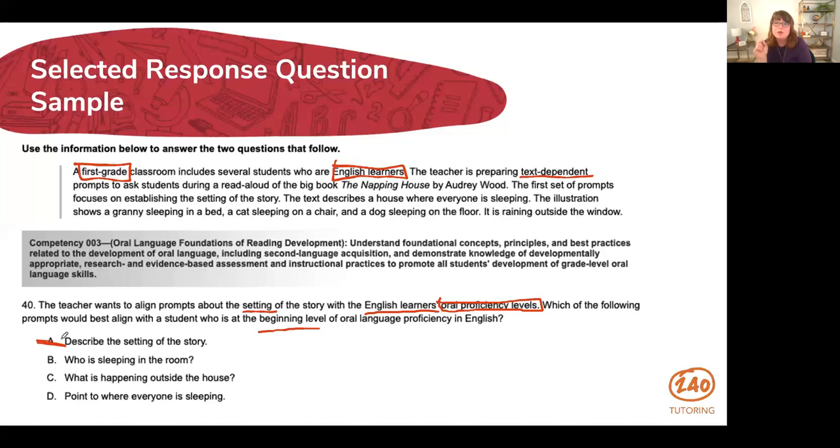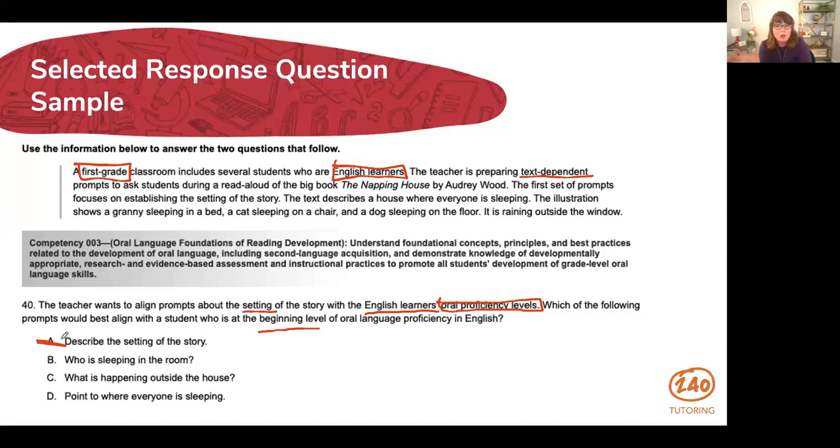Asking them to point instead of speak to show their thinking is the most appropriate choice, because beginning level means that the student has hardly any, close to no, oral language skills in English at all.